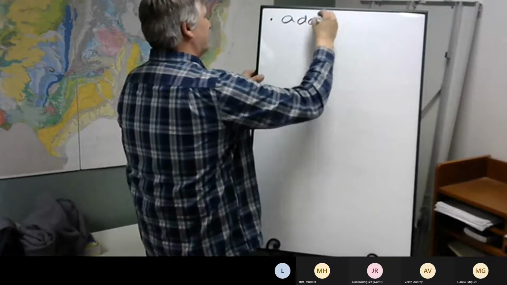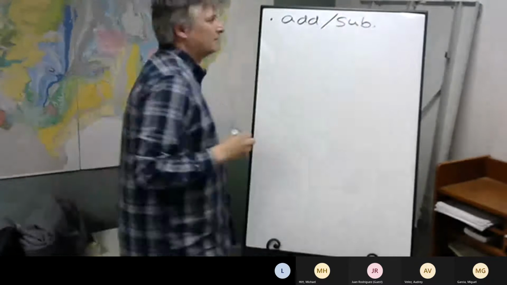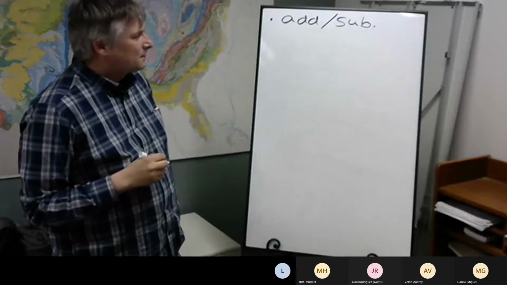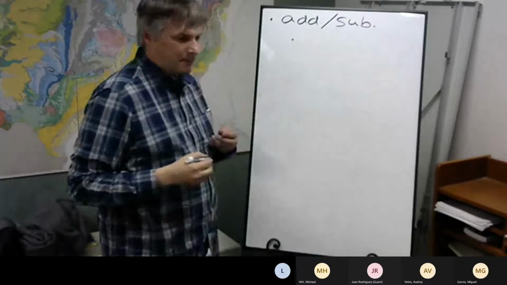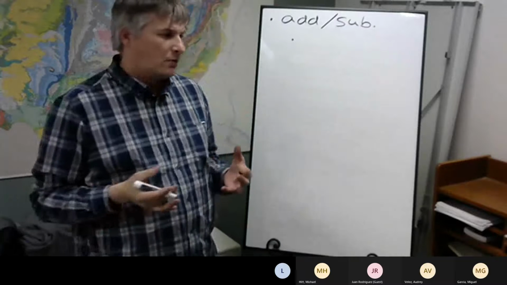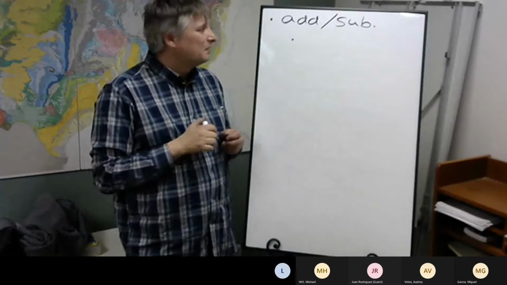So for adding and subtracting, again, we're going to look at the precision, the place value of the rightmost significant digit.